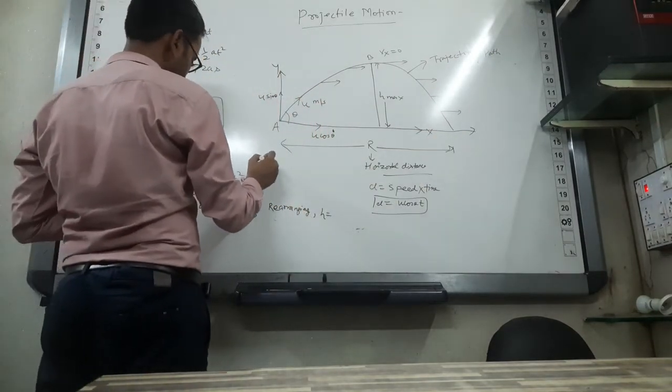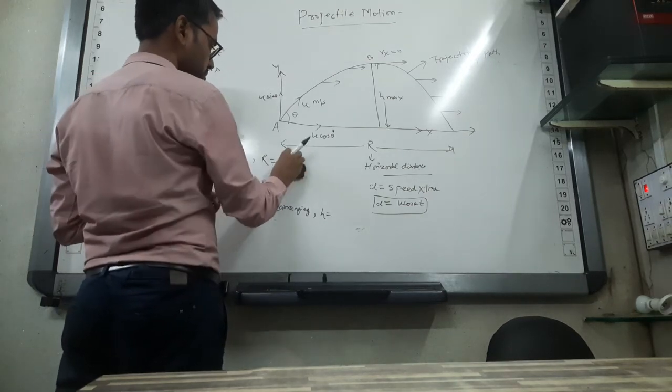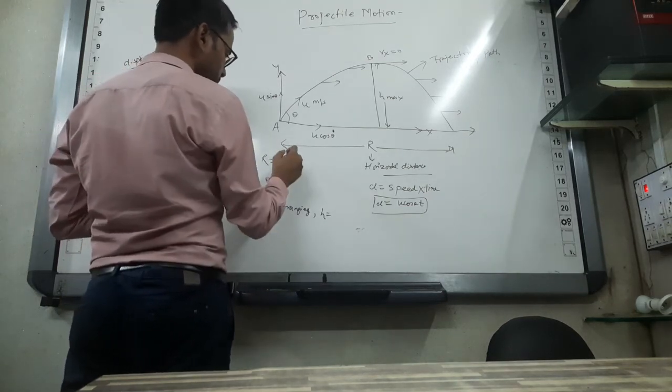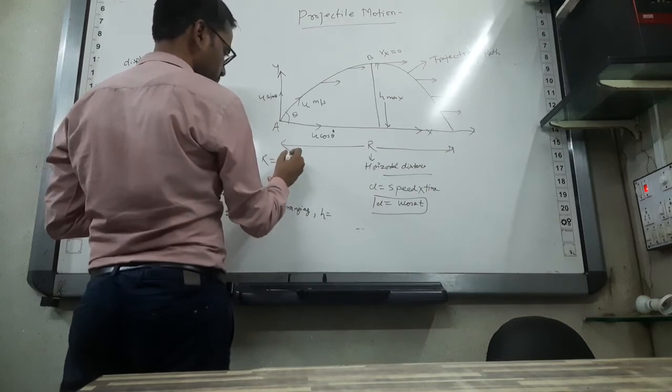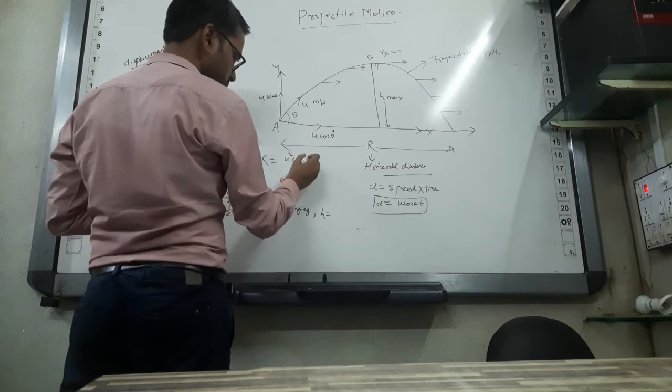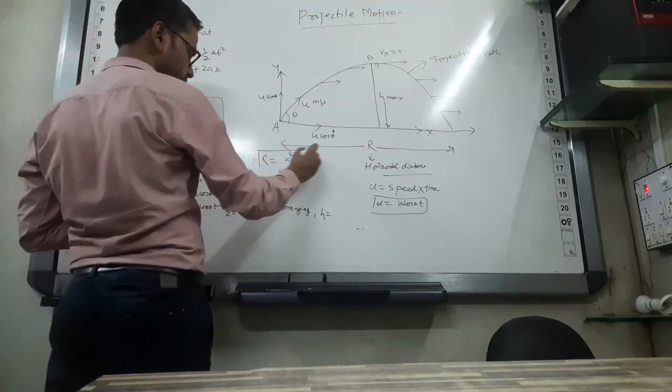And R equal to 2u cos theta into u sin theta over g, that is, u square sin 2 theta over g. This one is known as the range.